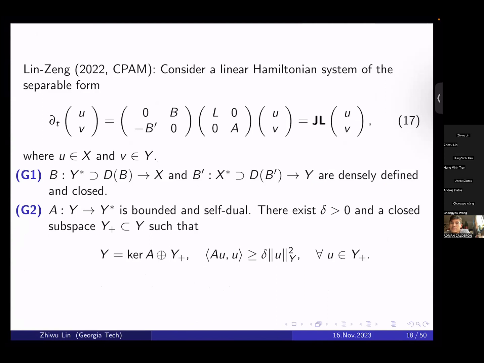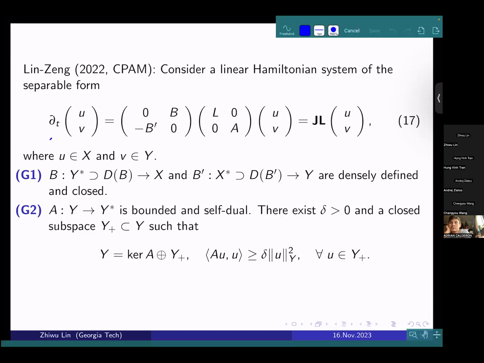We actually developed this for the stability of non-rotating stars of an Euler-Poisson system. It is a totally different problem, but somehow these 2 problems share a similar Hamiltonian structure. So in the paper with Zhang, we studied this kind of general separable Hamiltonian system.